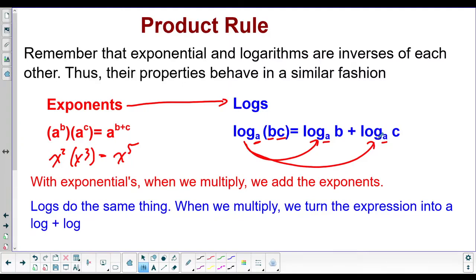The base does not change. Put a plus sign between them, and then we give each term that's being multiplied its own logarithm, and you separate them, and all the logs get added together.